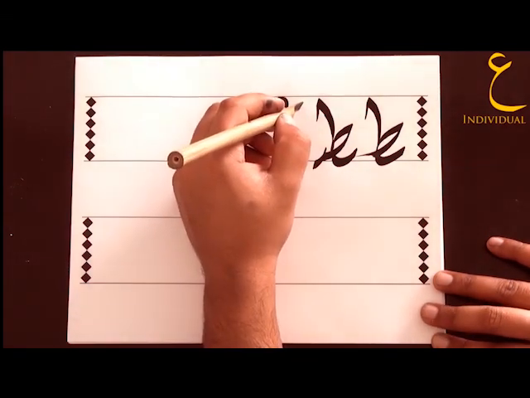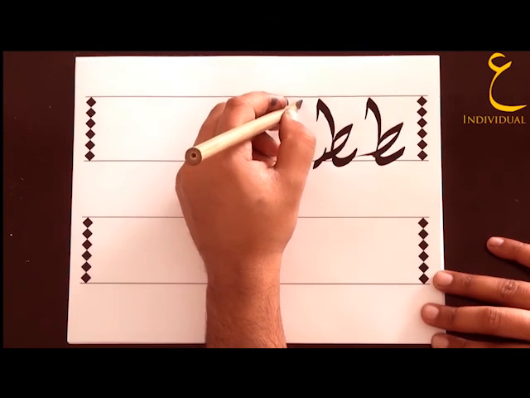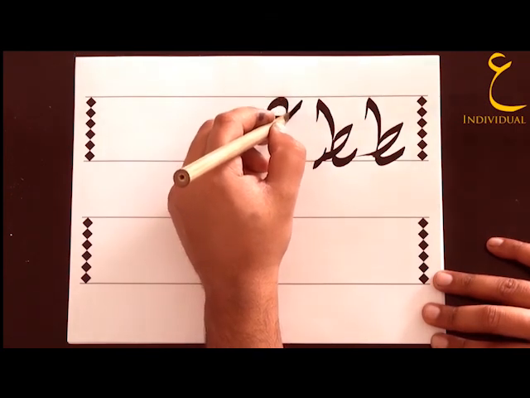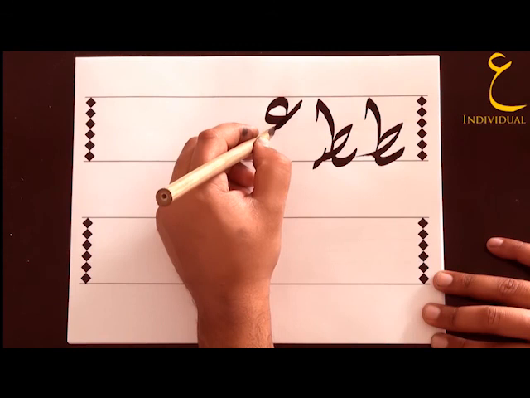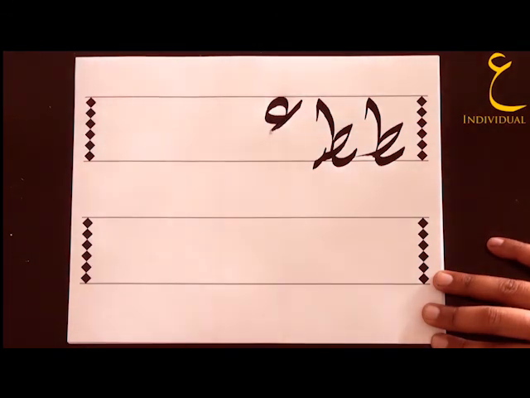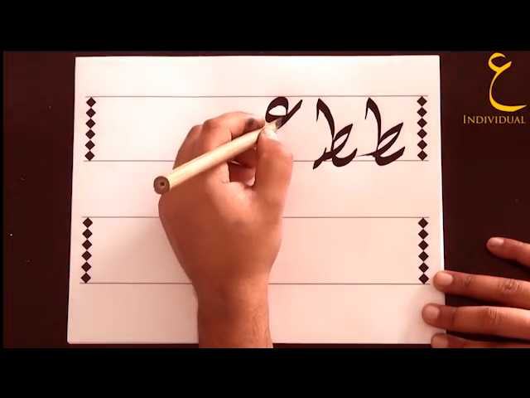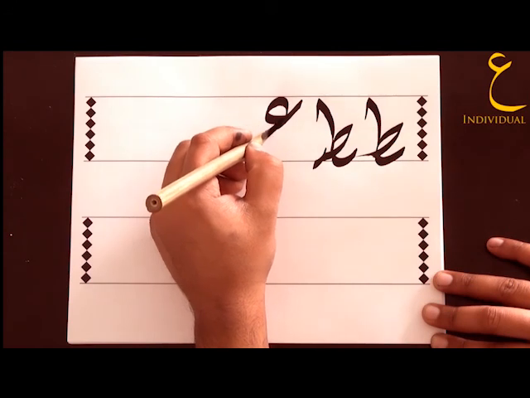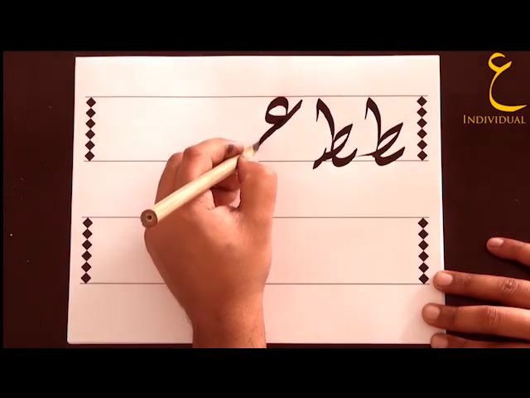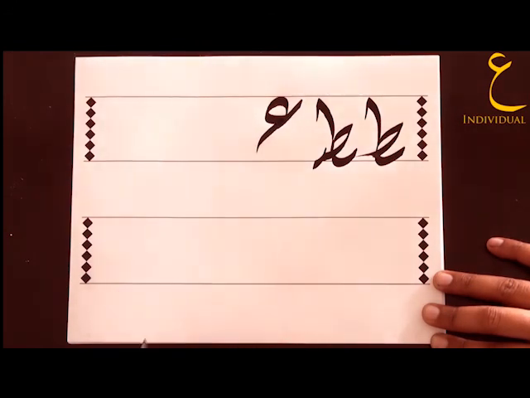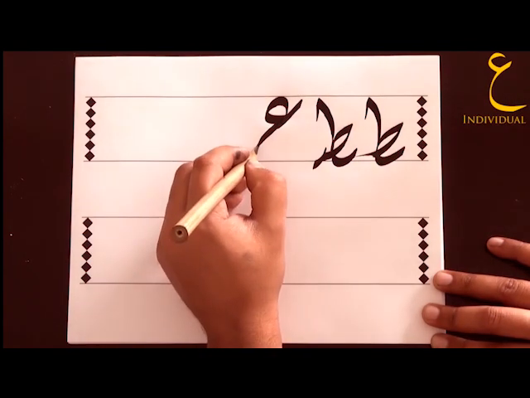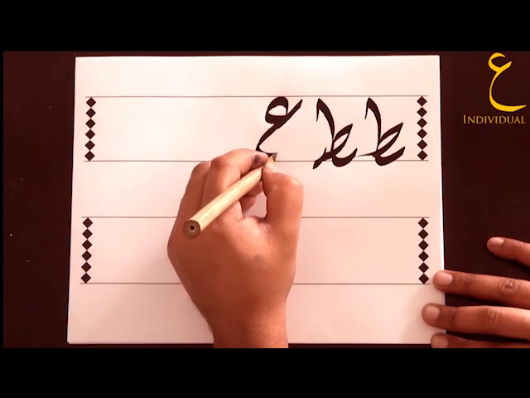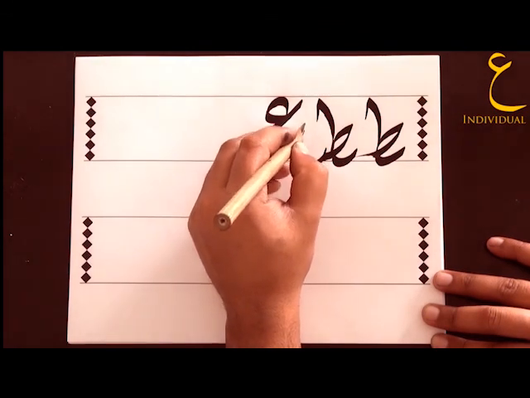The tail end would start off quite high, almost near the top stem. It will go down, just like the tail end of the individual letter Jim. Now, you can regress downwards, just like Jim, or curve back upwards, like this.